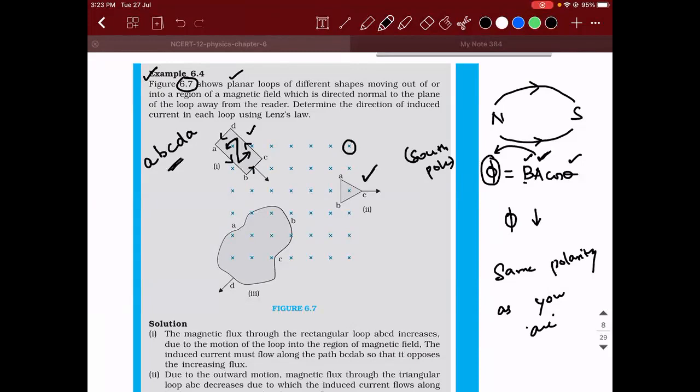Opposite polarity. So your north pole and the coil is facing you. So there should be a current in such a way that there is a south pole getting generated. For south pole, the current should flow in the clockwise direction. So what will be the direction of induced current? It will be ACBA. Important point to be noted here is with whatever point you are starting, you should end with the same point. If you're starting with A, you need to end with A.